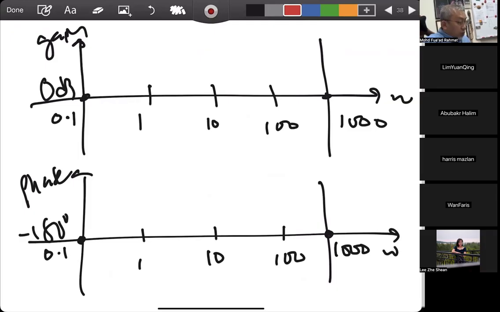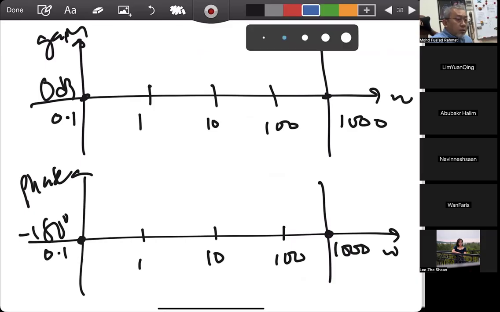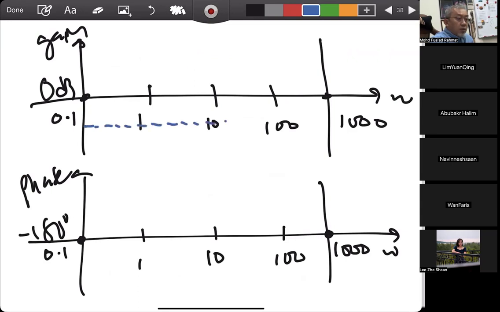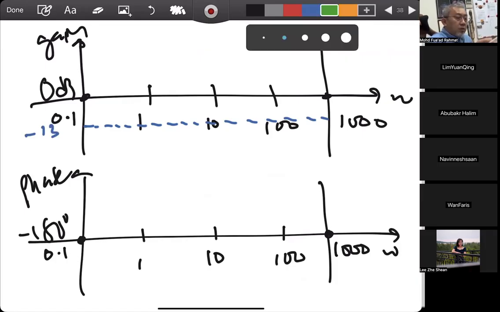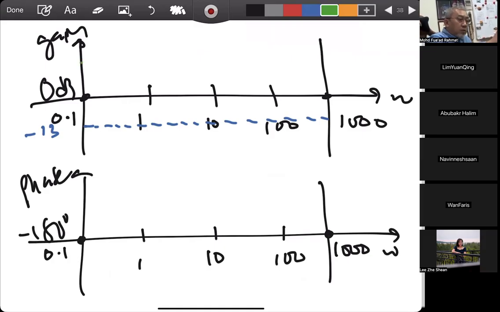Negative 13.98. Yes, something like here. Then what do you call that? Pole at the origin.